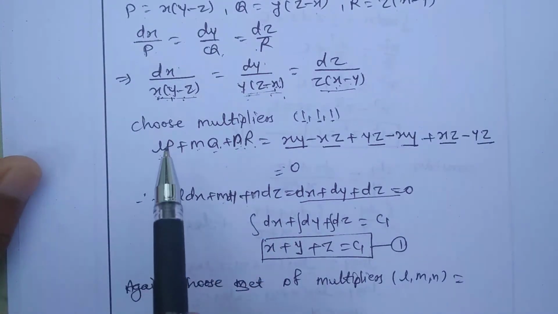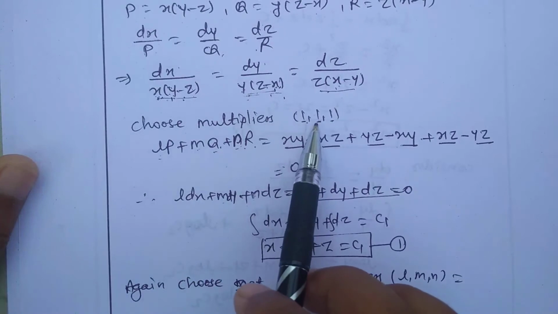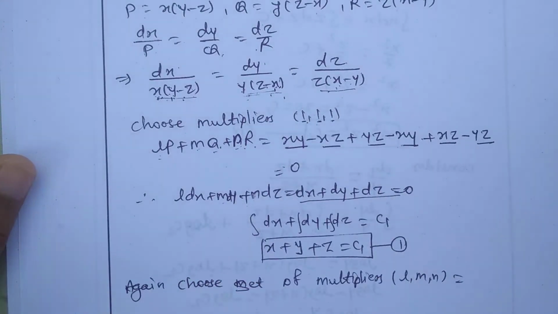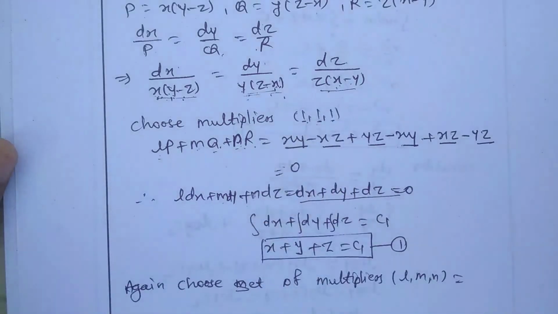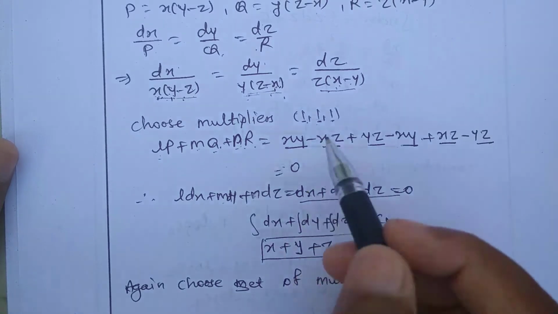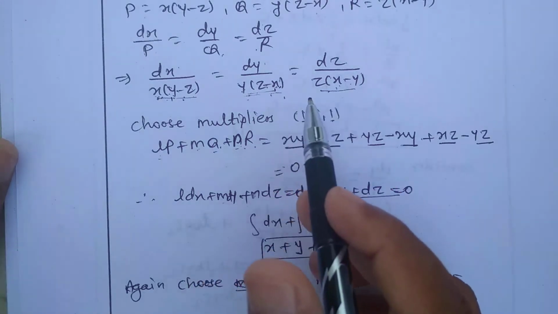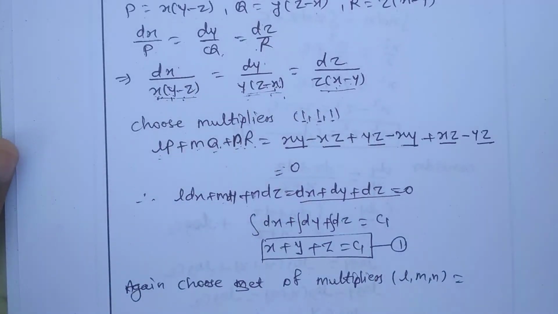You already chose 1, 1, 1. Now for the second set of multipliers we can't choose a multiple of this 1, 1, 1. That means we can't choose 2, 2, 2 or 3, 3, 3 or 4, 4, 4 or 5, 5, 5 like that. We have to think about different multipliers.